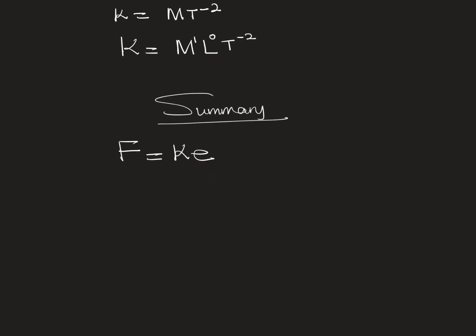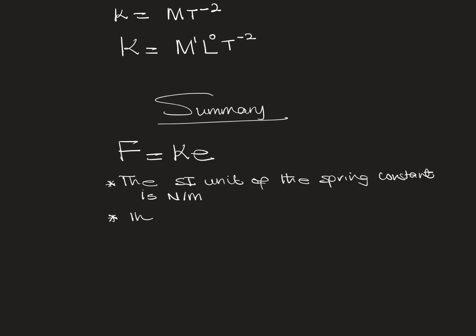We have also established the SI unit of the spring constant is newtons per meter, and we have also stated that the dimension of the spring constant is MT to the power -2.